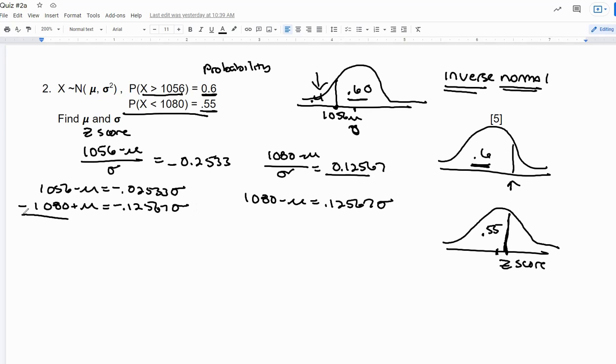And see now, like you say, when I add straight down, these mu's equal 0. So what's 1056 minus 1080? -24. And then what's negative 0.025 blah, blah, blah, or add them together if you will. It's going to be negative.